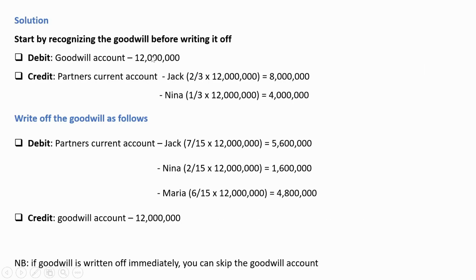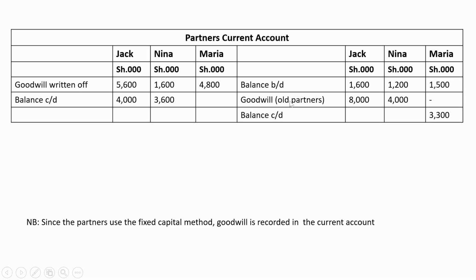So if you go back, you will see in the first part, we credited the partner's current account to the old partners only. So when you go to the current account, you are going to credit the two partners, Jack 8 million, Nina 4 million. So for Maria, we don't have any share.